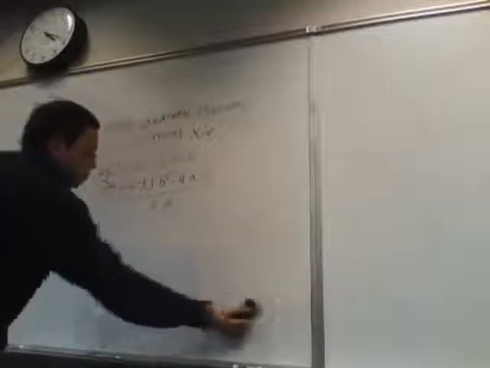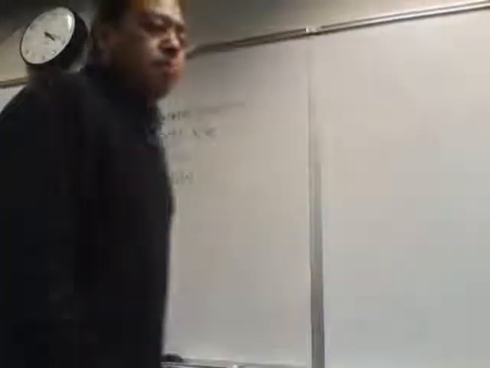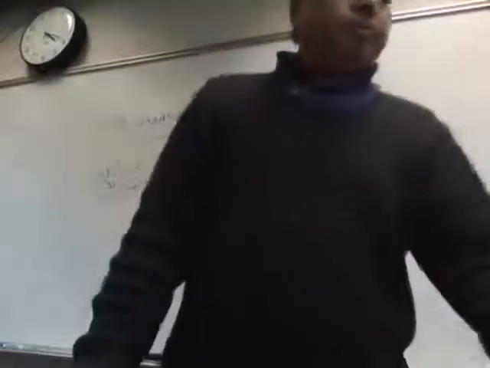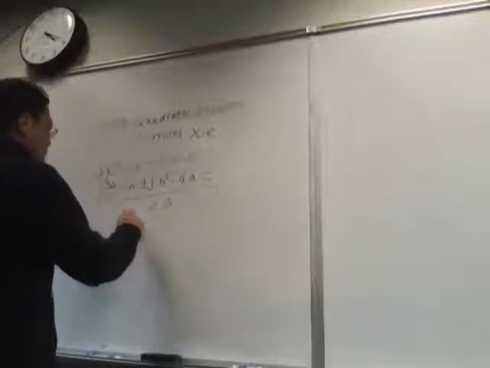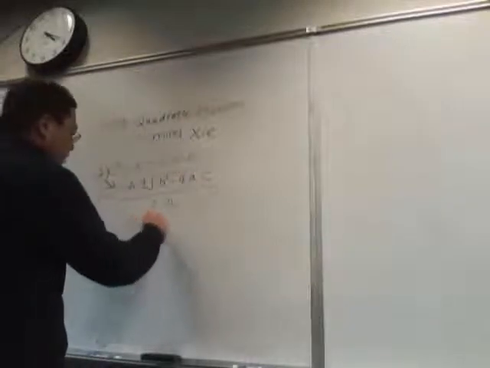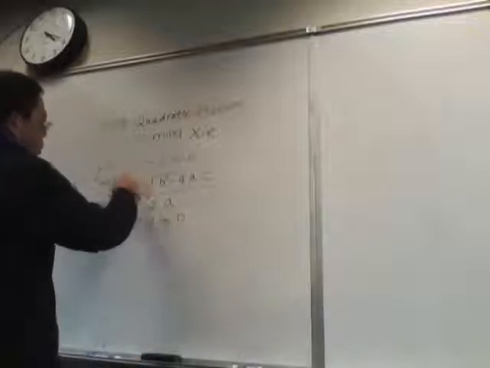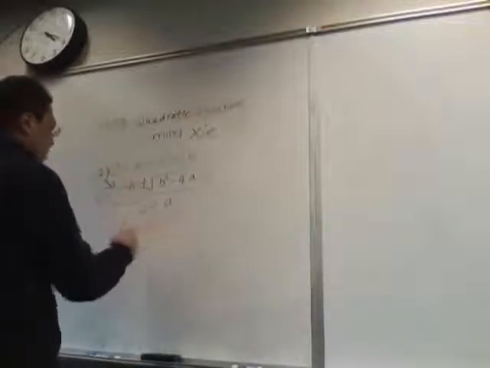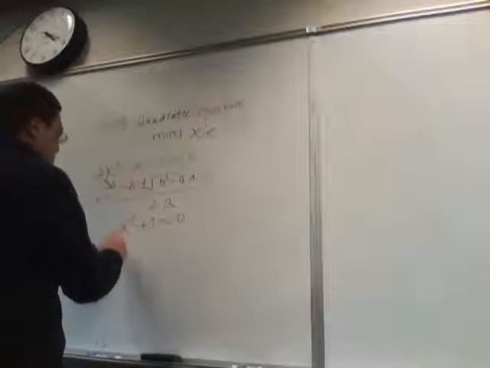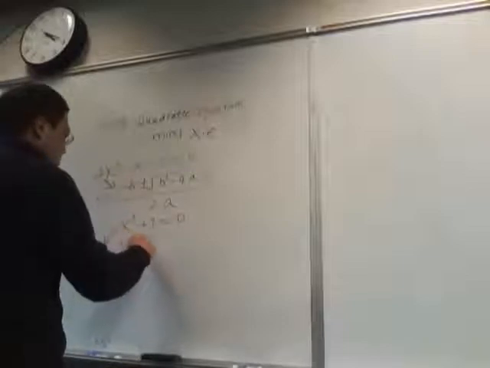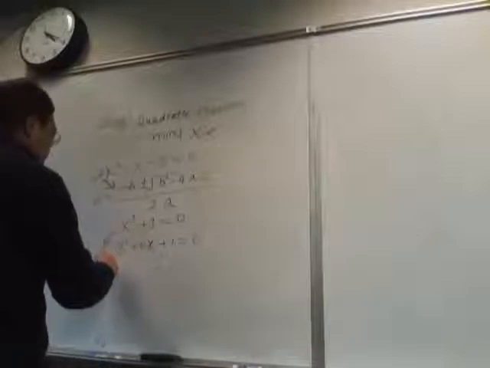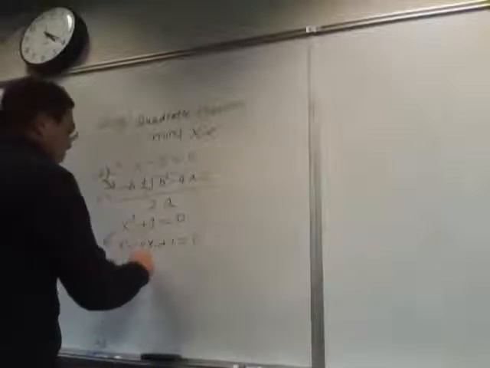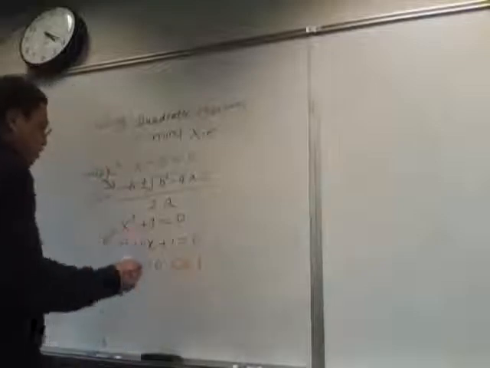We use this formula; it's very, very useful. If x squared plus 1 equals 0, we still use this formula. We need to change the form to x squared plus 0x plus 1 equals 0, right? So a equals 1, b equals 0, c equals 1, right?